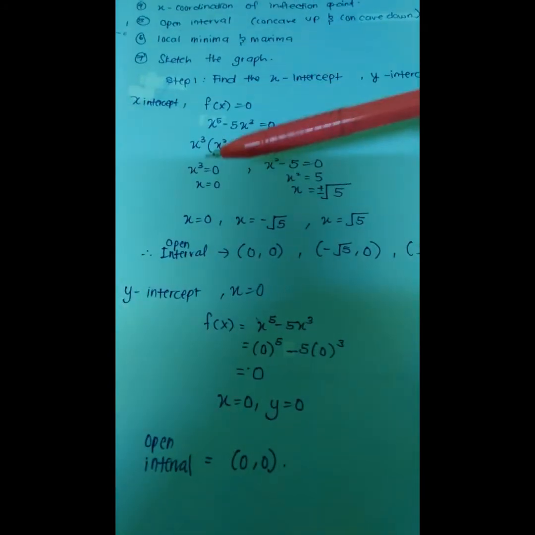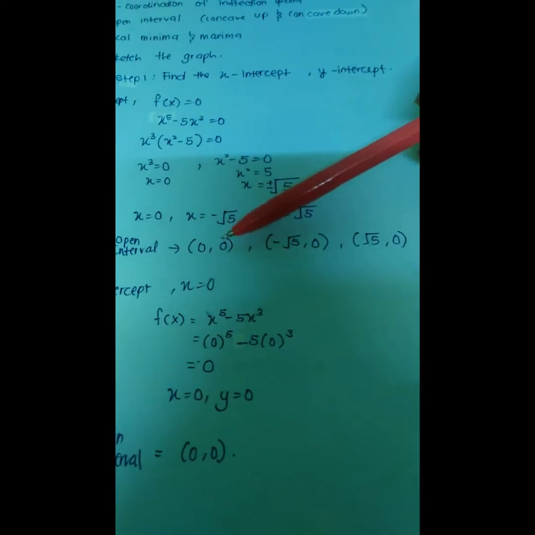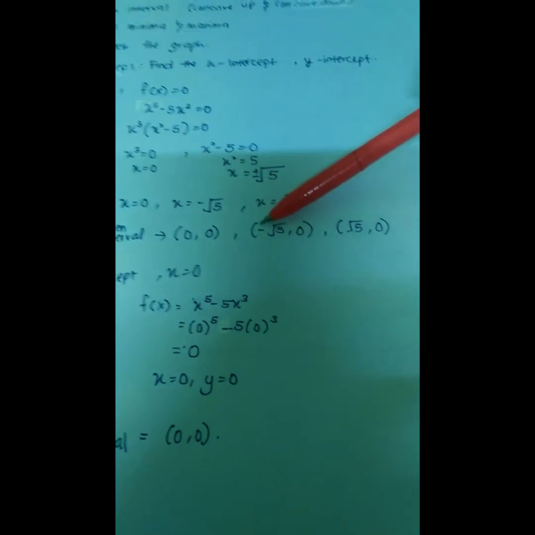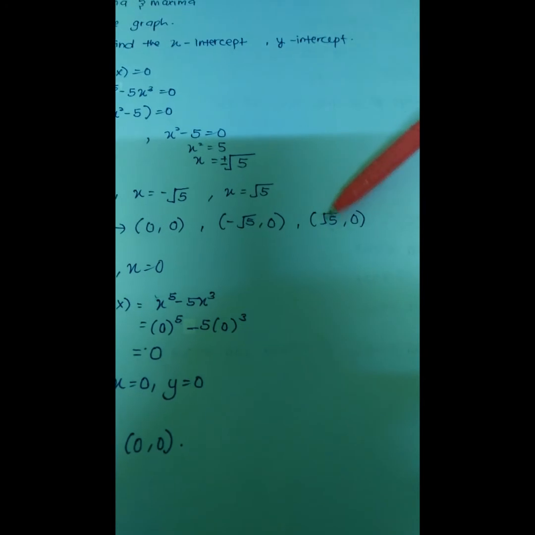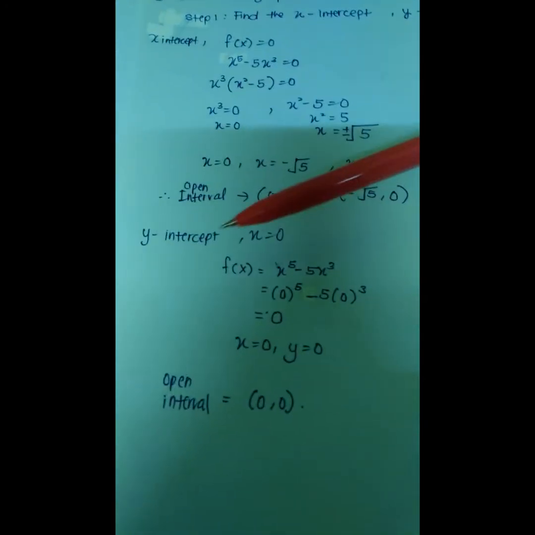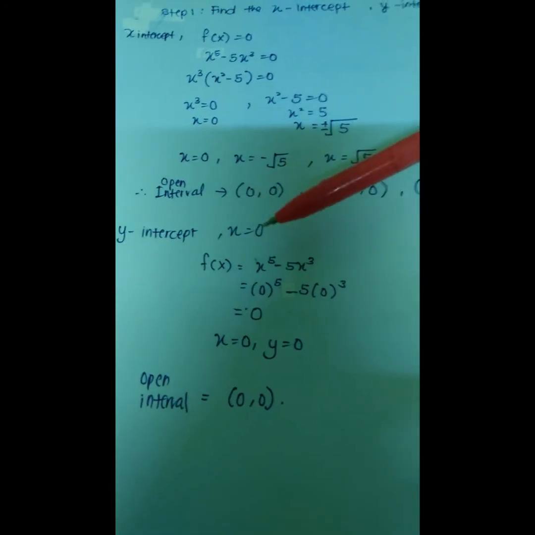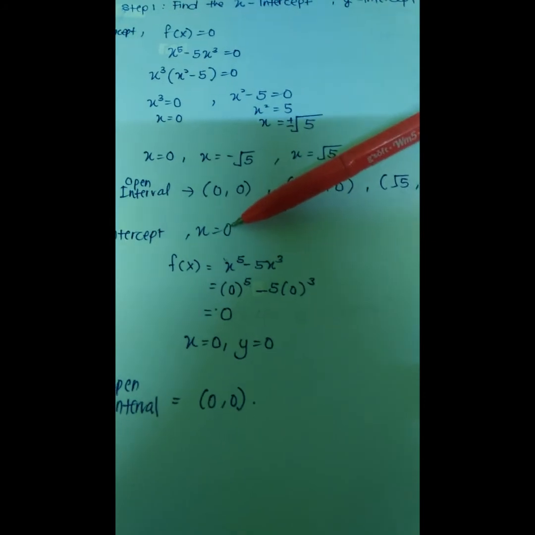Okay, and in interval form we can write like this: when x equals 0, f(x) equals 0. When x equals negative square root 5, f(x) equals 0. When x equals square root 5, f(x) is 0. And then we have to find our y-intercept. If you want to find the y-intercept, our x must be equal to 0.